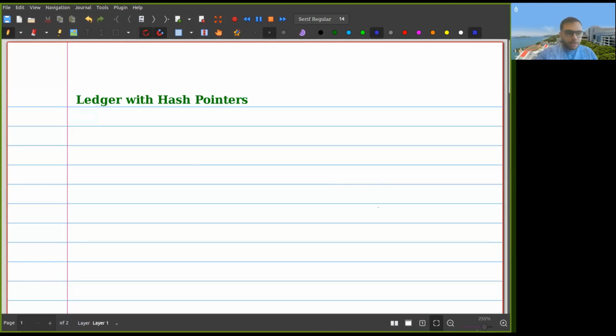I'm just going to start with something that we covered in the last session, and it actually raised a lot of questions, and I got a lot of emails about this. So this was the idea of having a ledger with hash pointers. This whole idea that I had a bunch of transactions. So for example, I have transaction 1, and then I had my transaction 2, which included a pointer to transaction 1, right?